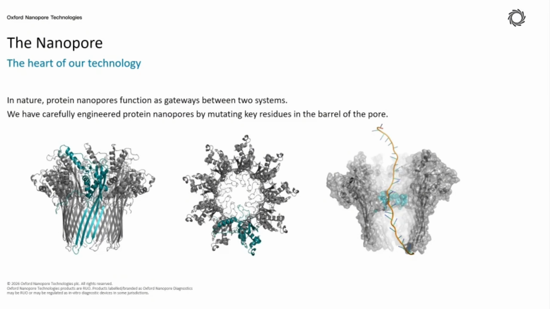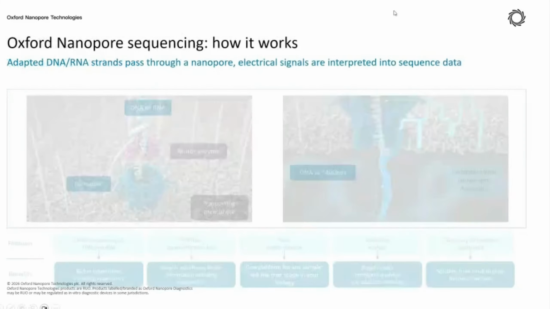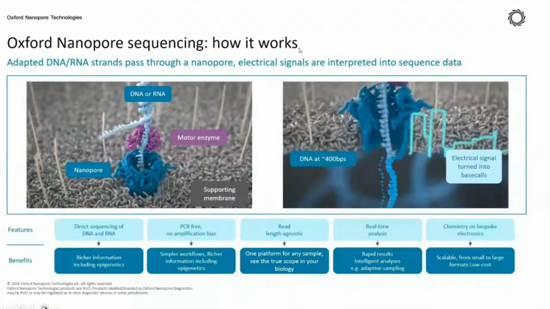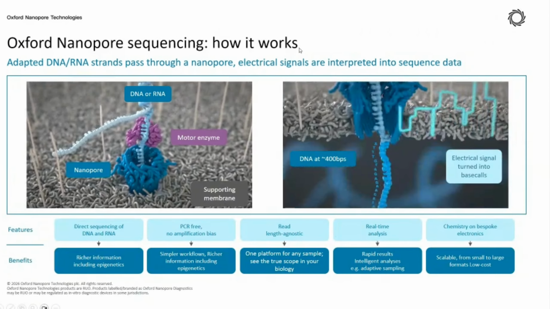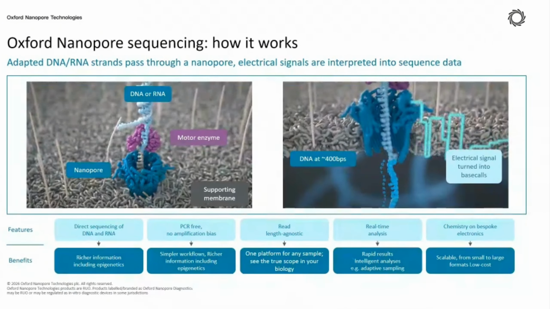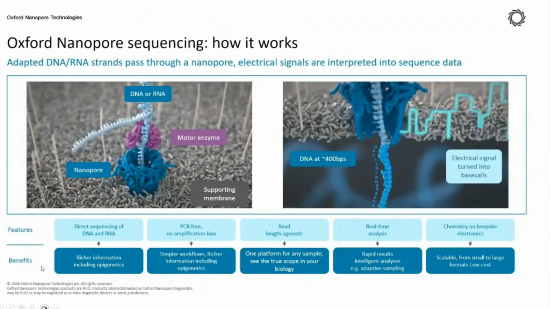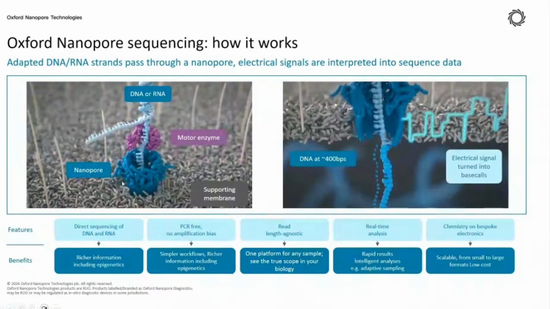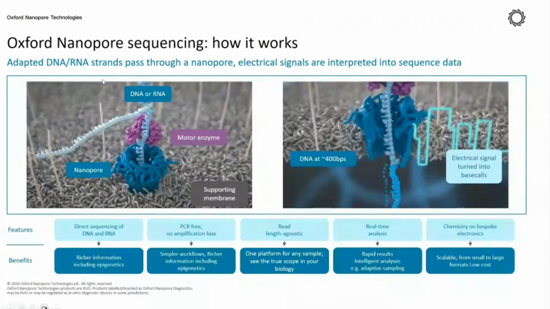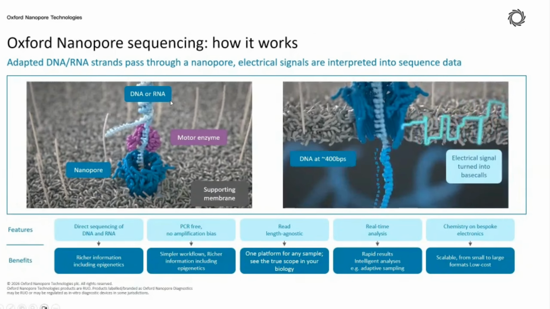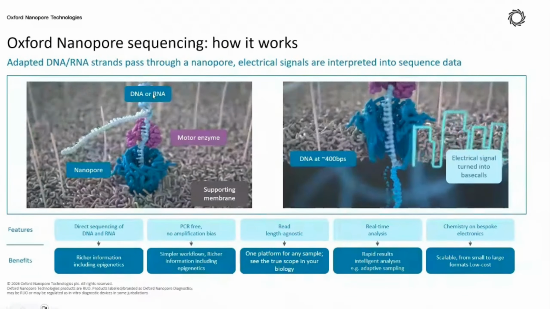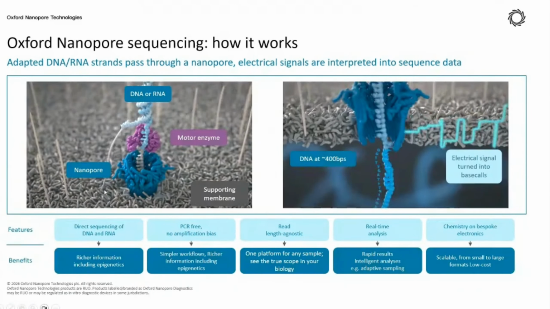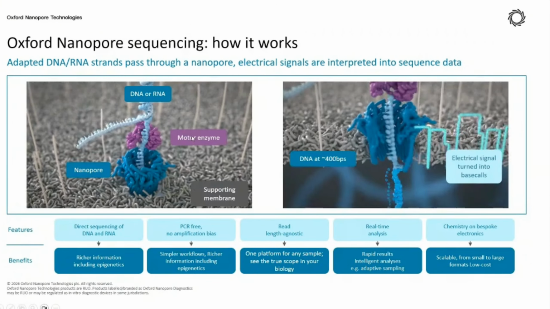So let me show you the animation of it. This is how the DNA sequencing happens inside the Oxford Nanopore sequencing flow cell. The pores are fixed to a membrane, and when we prepare the DNA into libraries, we attach it with a motor enzyme.